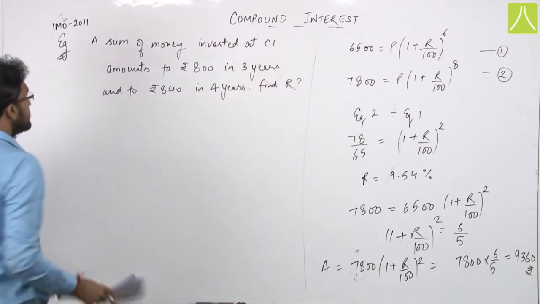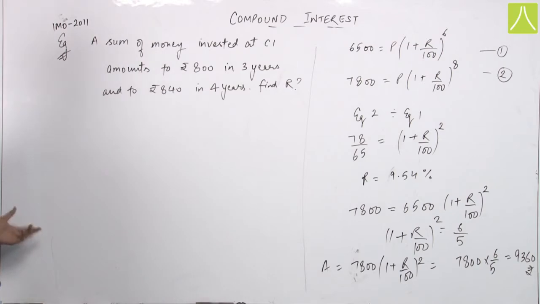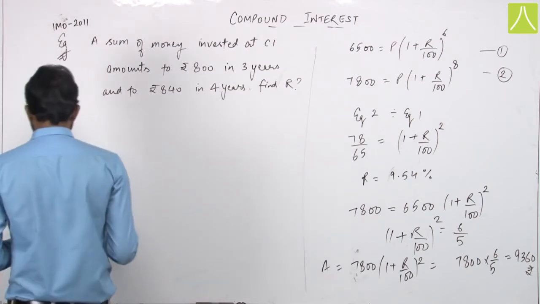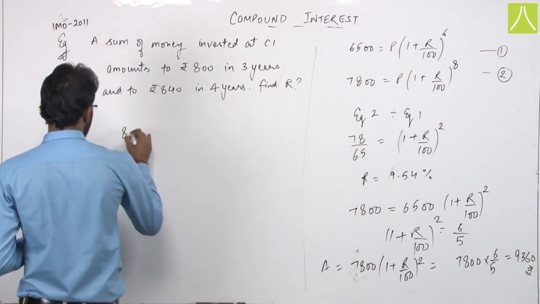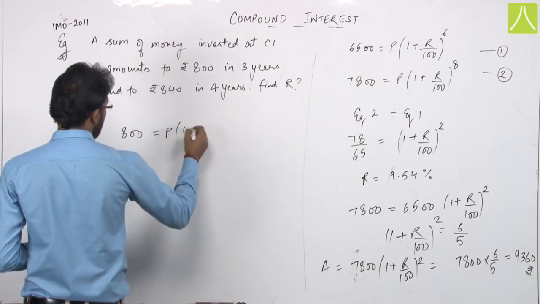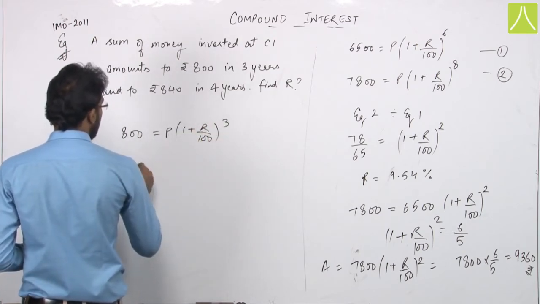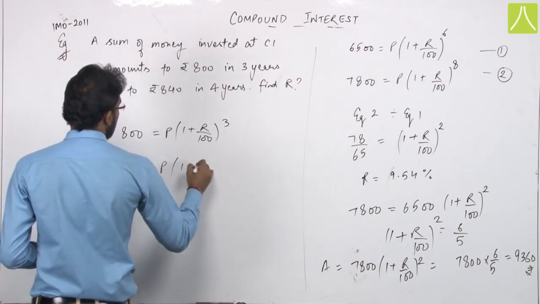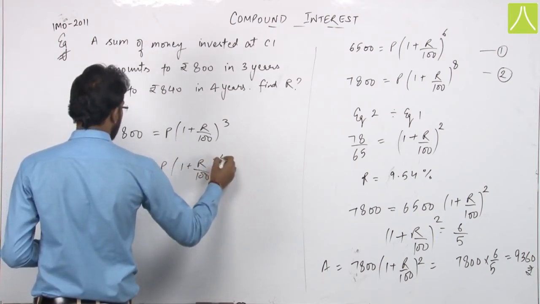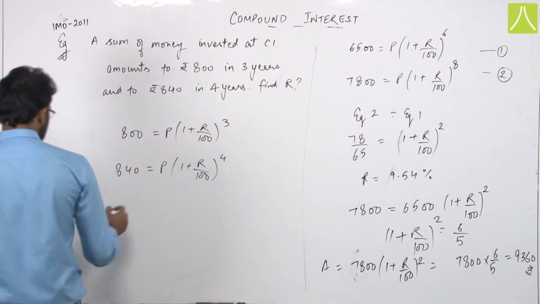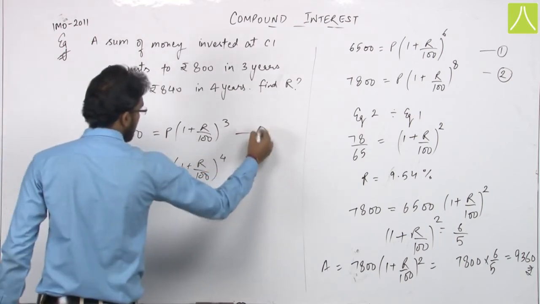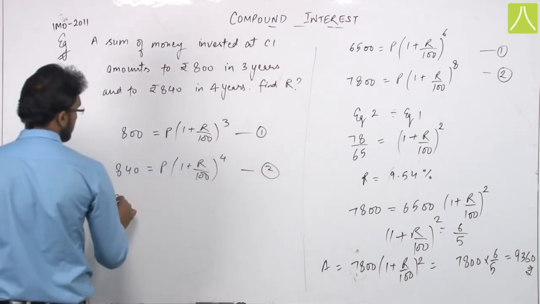In this question, the amount invested for 3 years is 800. So 800 equals principal into 1 plus r upon 100, to the power 3, and the same amount 840 equals principal into 1 plus r upon 100, to the power 4. Let this be equation 1 and equation 2.